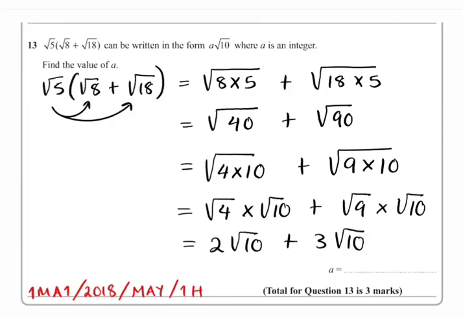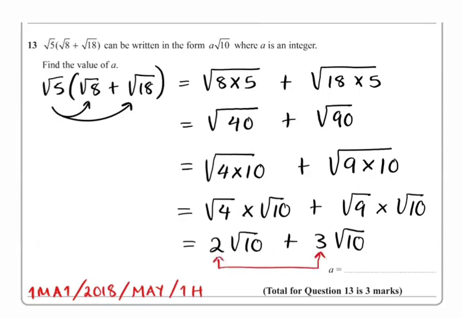Now, when you have two or more terms, and their surd parts are the same, in this case, I'm referring to the number under the roots is the same, we say those surds are like terms or they are like surds. So we can add them together. And to do so, we simply use the numbers on the outside.